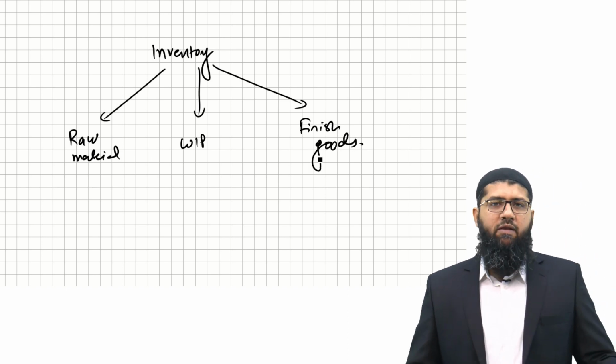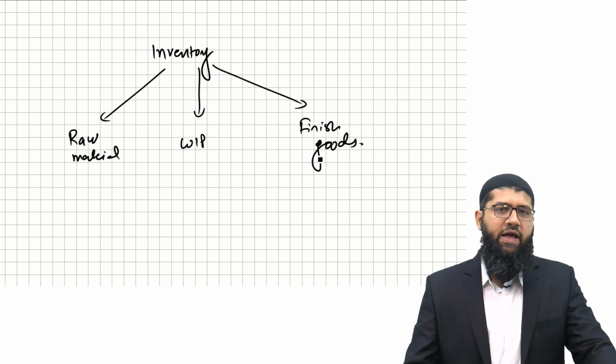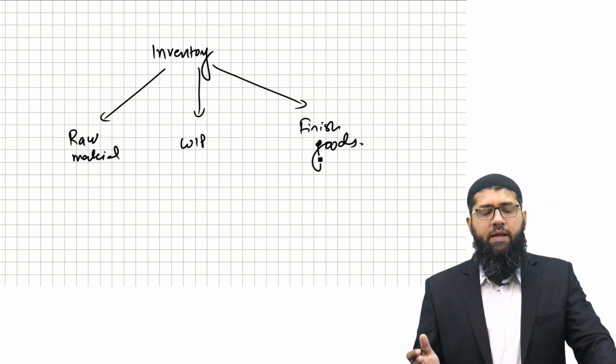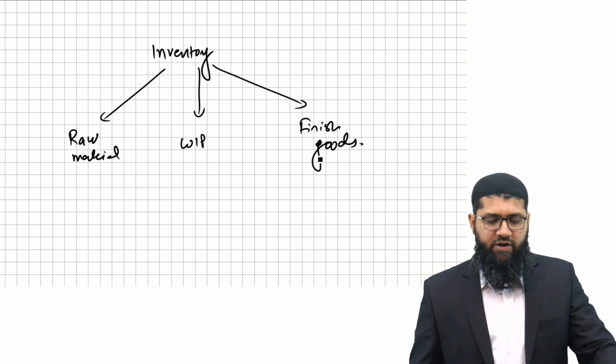So there could be multiple ways of classifying the inventory, which is raw material, WIP, finished goods, etc.